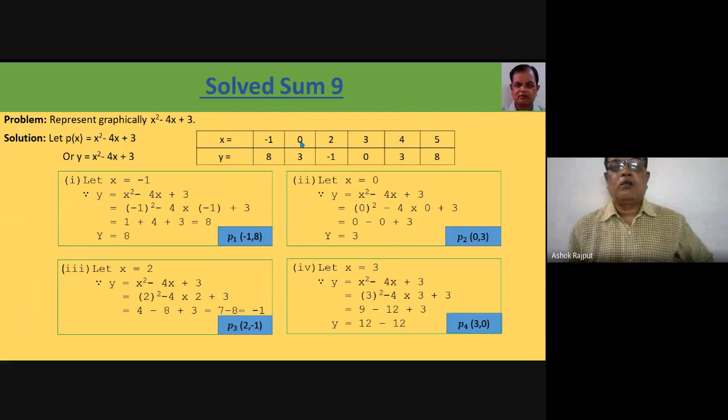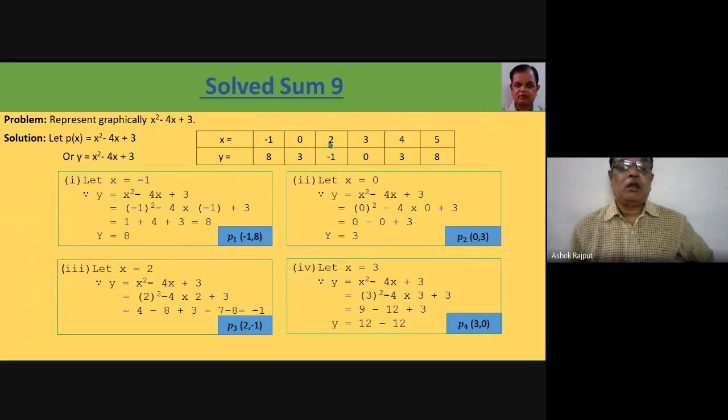As we have taken the value of x as 0, we put x equal to 0 in the polynomial, and now we are getting the value of y as 3. So the next point is 0 comma 3. Third, let x equal to 2.